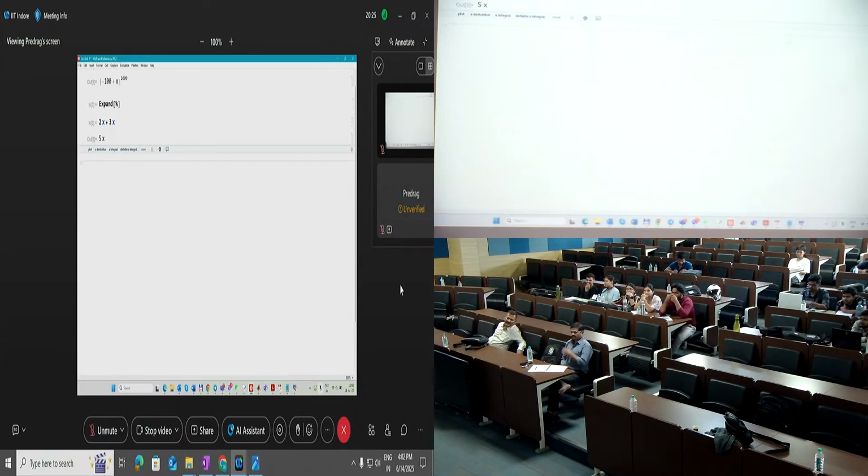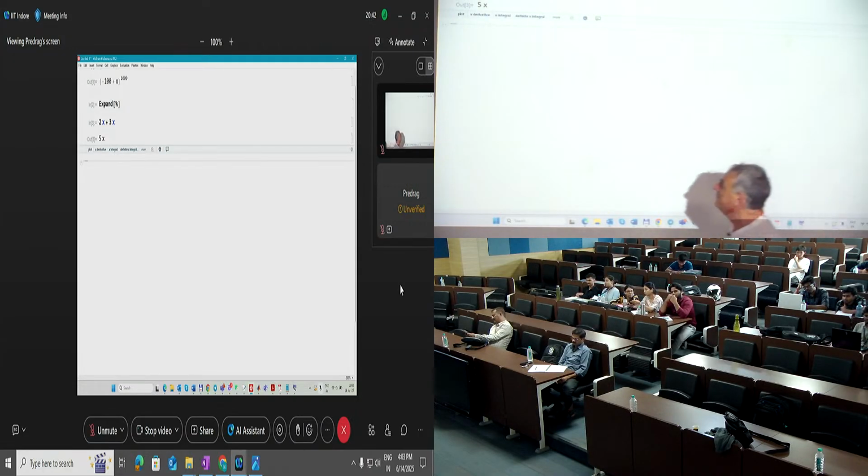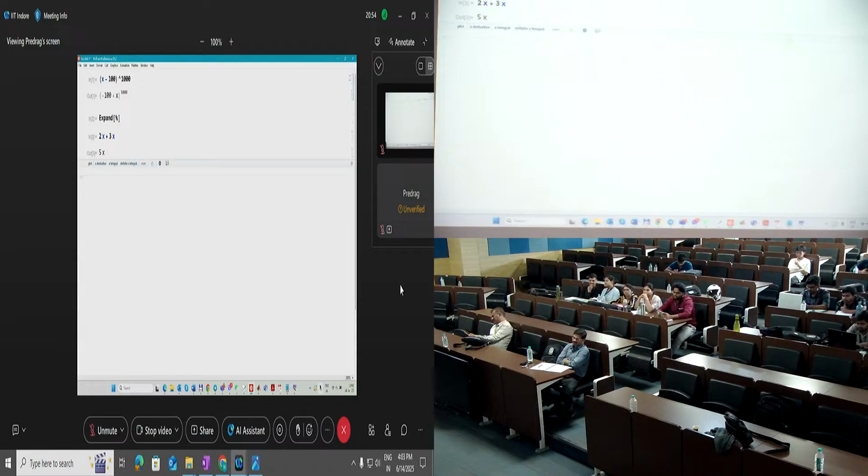It is the interface of Mathematica. Behind Mathematica is the Mathematica programming language, the Wolfram programming language, the kernel of Mathematica. We can see that here we have inputs and corresponding outputs.